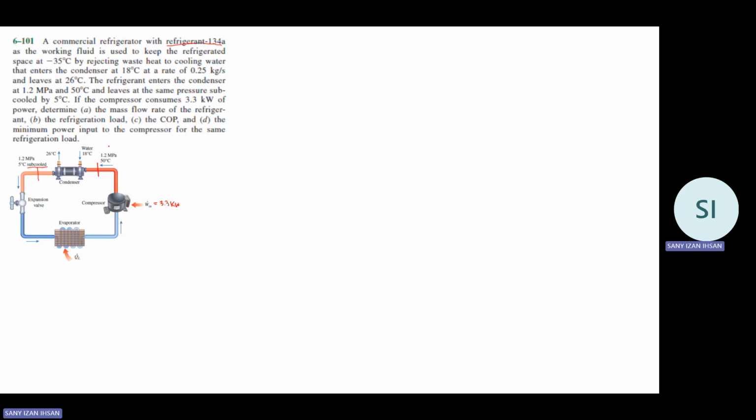Let me get back to the term subcool. I think I have not mentioned subcool before. When we say same pressure but subcooled by 5 degrees Celsius, what does it mean by subcool? It means that the temperature is lower than the saturated temperature. It is already in the compressed region, and the temperature is lower by 5 degrees than the saturated temperature.